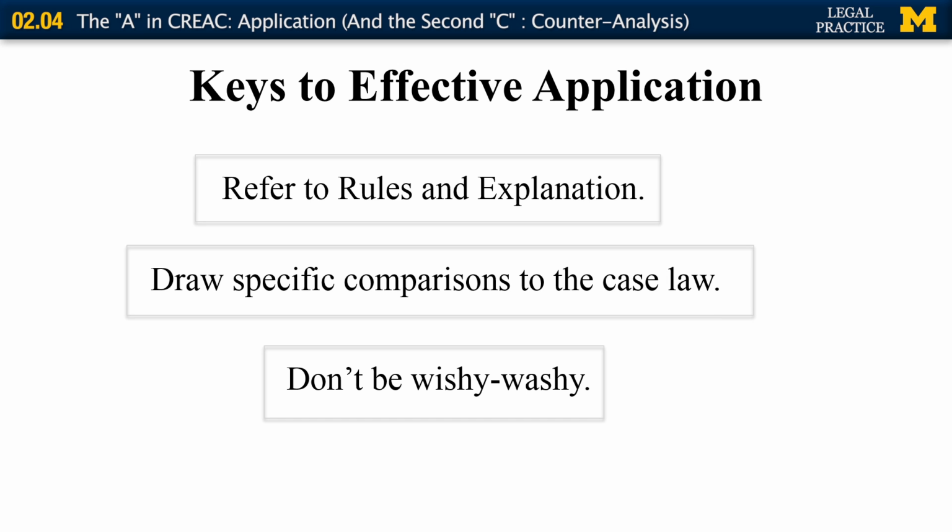Finally, don't be wishy-washy. So what that means is don't tell your reader, well, here are a bunch of reasons that the court might decide X, but also there are these other reasons that the court might decide Y. That's not particularly helpful to your reader. If it's truly a close question, you can say that, but you need to explain to your reader why it's a close question.